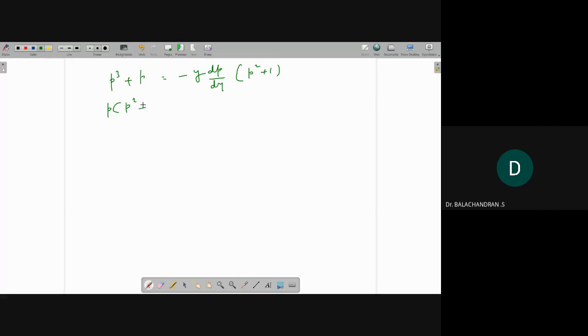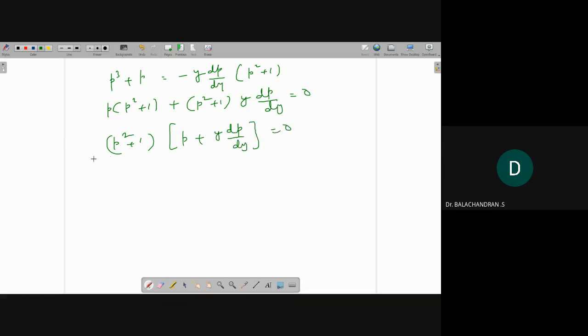So p square plus 1 plus p square plus 1 into y into dp by dy equal to 0. So now you can take p square plus 1 as common. Remaining have p plus y into dp by dy is equal to 0.